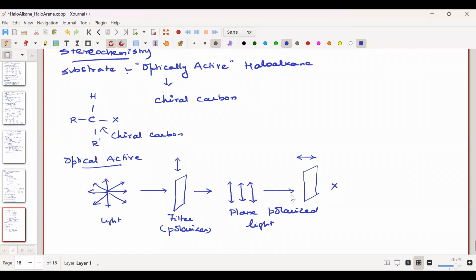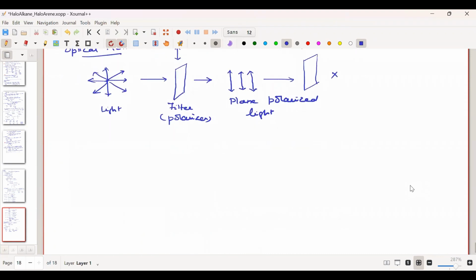Now this is plane polarized light. Now what is an optically active compound? There is a chiral carbon, right? Now what will this do?